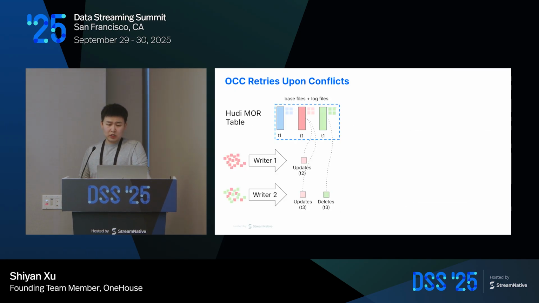Now let's look at the alternative, Hudi's NBCC. The core advantage here is that there is no retry. The conflicting updates are allowed to proceed by saving the records into different log files within the same file group. The critical mechanism here is to use locking upon the time generation.